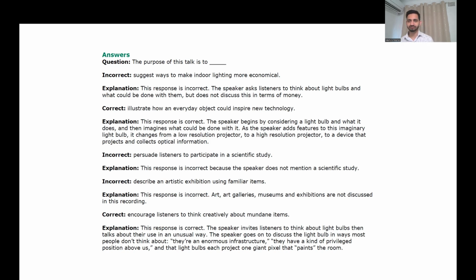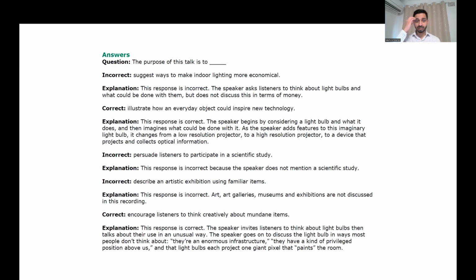That's the reason why he's giving such examples. Makes quite a lot of sense here. This response is correct. The speaker begins by considering a light bulb and what it does, and then imagines what could be done with it. As the speaker adds features to this imaginary light bulb, it changes from a low resolution projector to a high resolution projector to a device that projects and collects optical information.